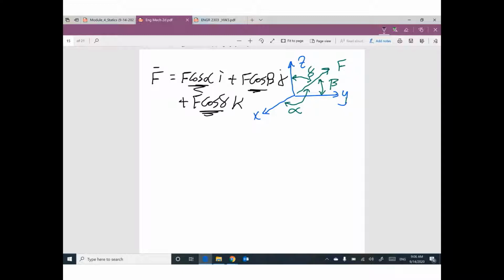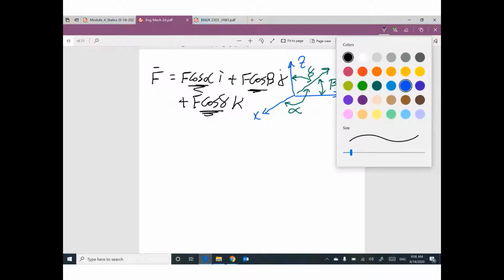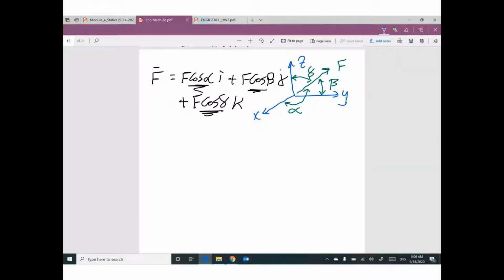And also we learned that we have a relationship between these angles: cosine square alpha plus cosine square beta plus cosine square gamma equal 1. First step or first condition.